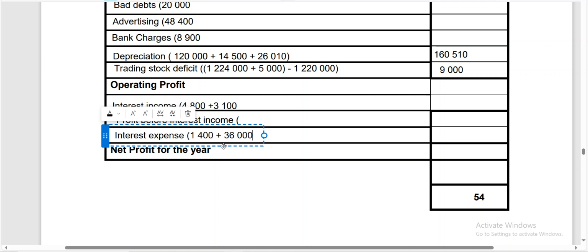But remember, I said you must show your workings in brackets. Maybe you can show it in brackets like this. You will open two brackets, just so that you don't get a wrong answer.